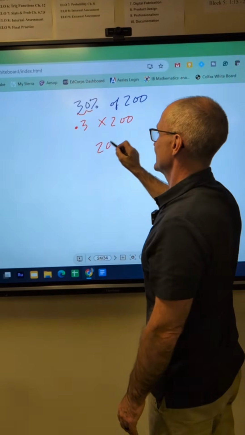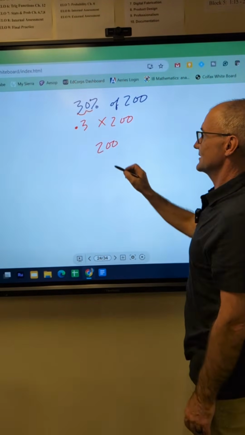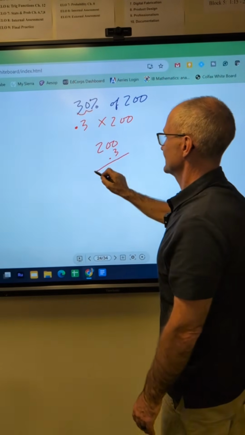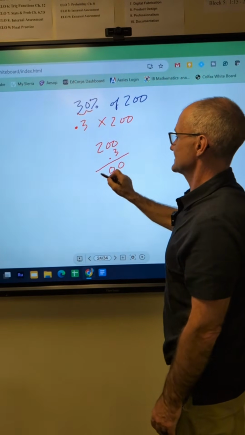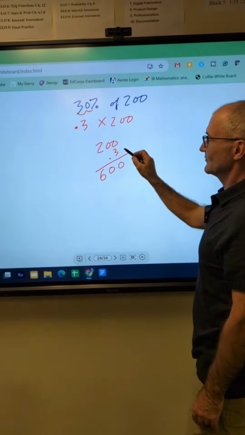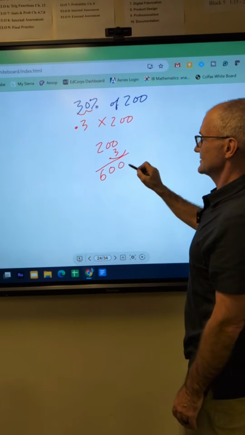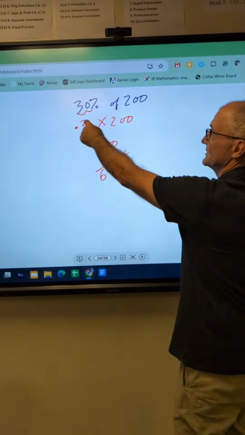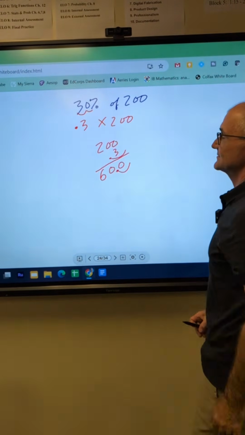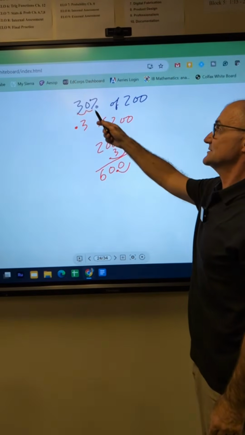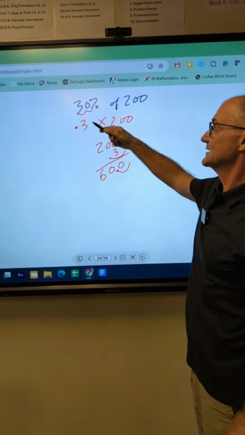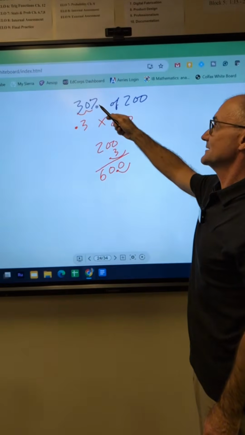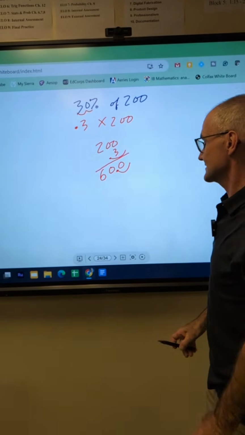Then I just line it up above and below. 200 times 0.3, 0, 0, 6. I have 1 decimal place over here, so I go 1 decimal place over here to get 60. So what is 30% of 200? The answer is 60. The key with those percents is to be able to go back and forth between decimal and percent and fraction, and so forth.